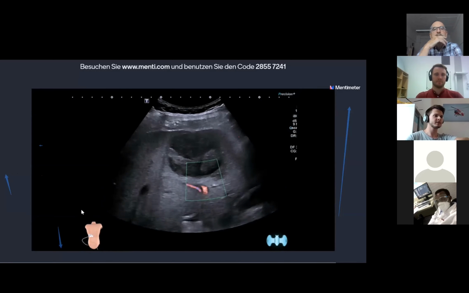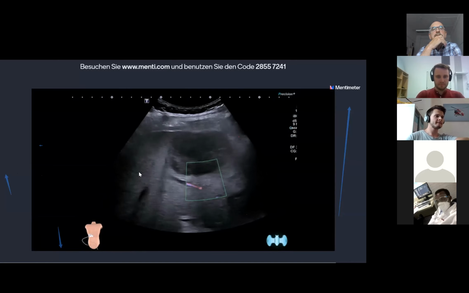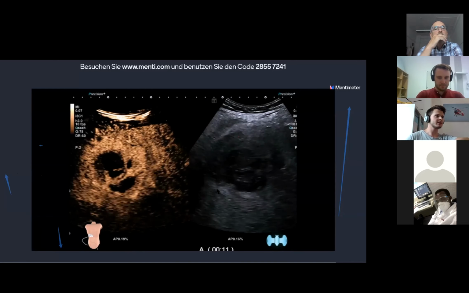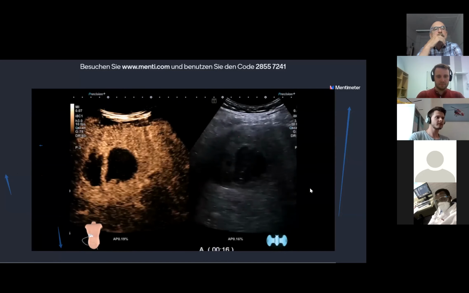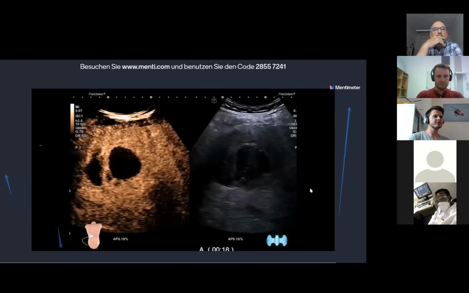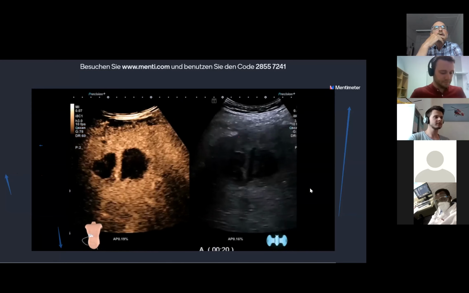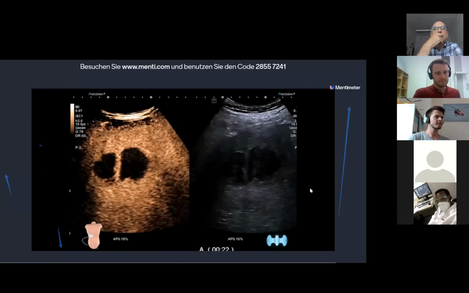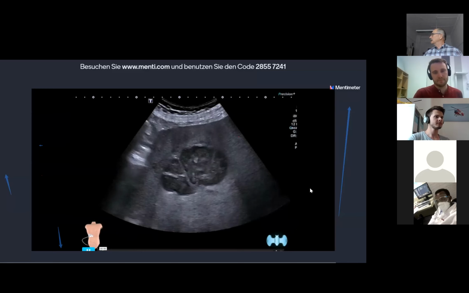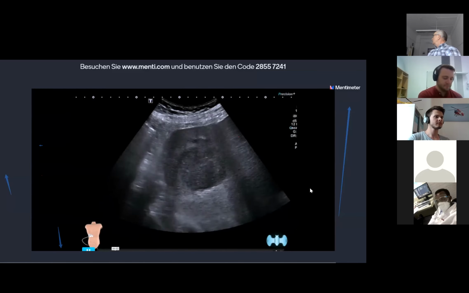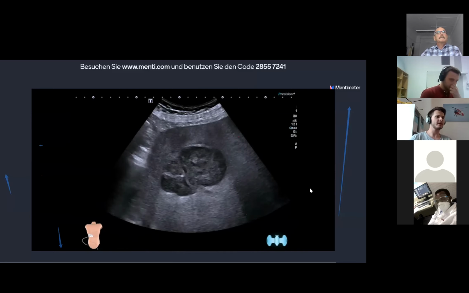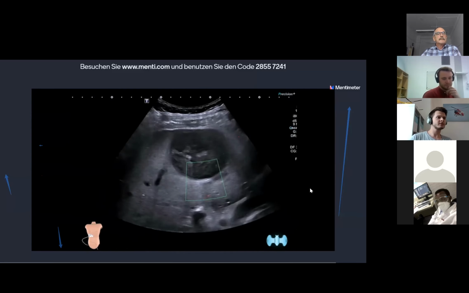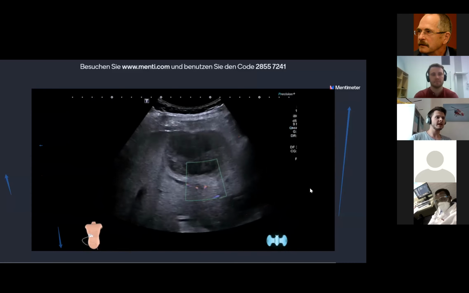You also have the vessels here and also a source. You see this picture. It's a little bit different to the old lady. So he's not 94 years old, he's a young man, only after the motorcycle accident.